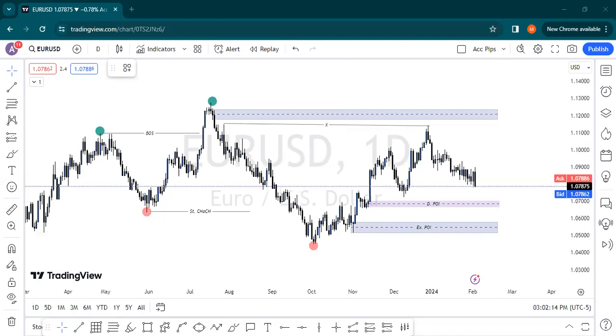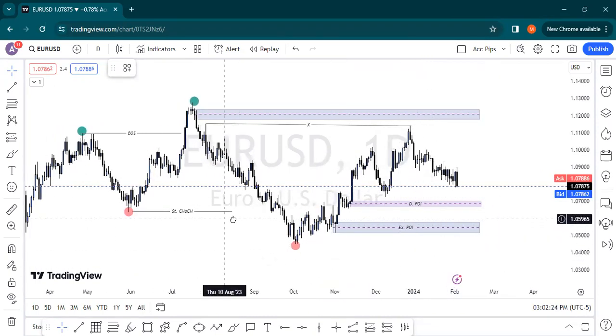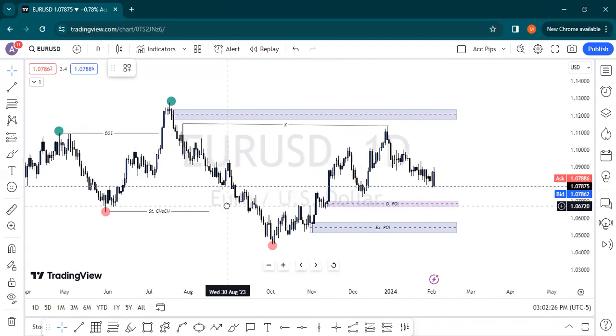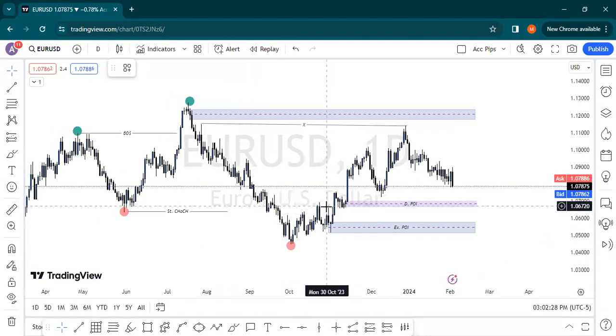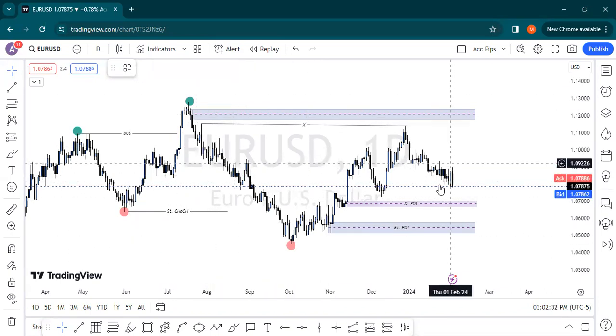All right. As I was saying, with respect to the weekly, we are still in a downtrend. So daily is also in a downtrend, and I'm expecting price to tap into this decisional OB in terms of the internal structure.